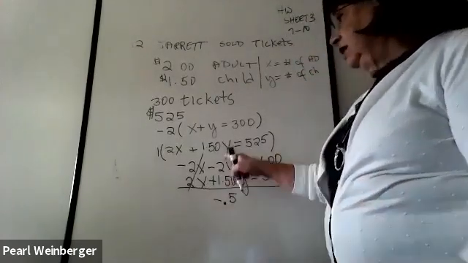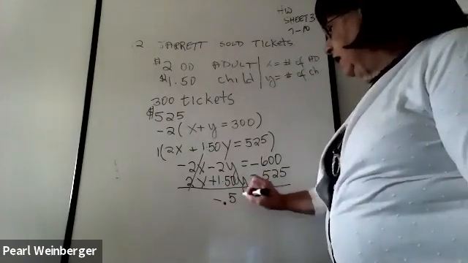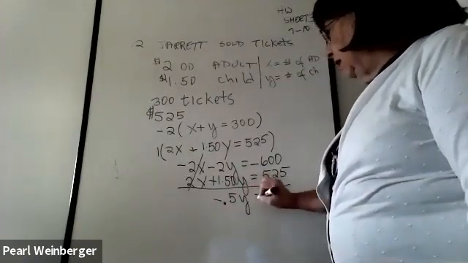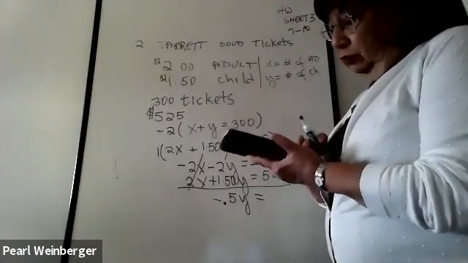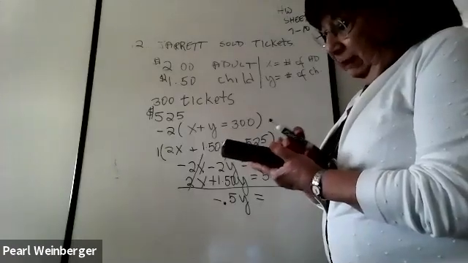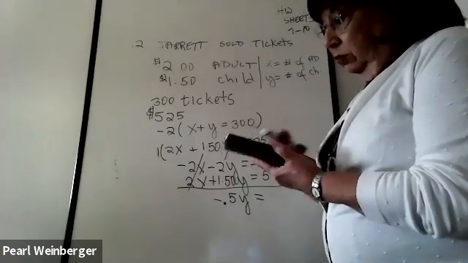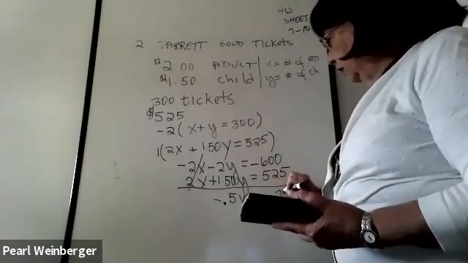So it's negative 0.5y. And negative 600 plus 525, I'll do that on my calculator as well.